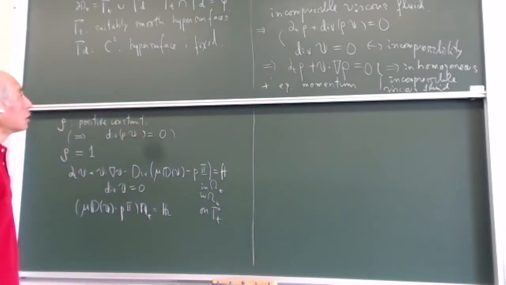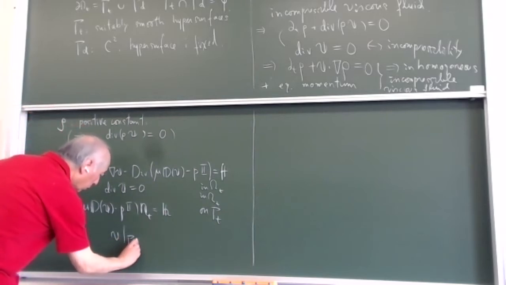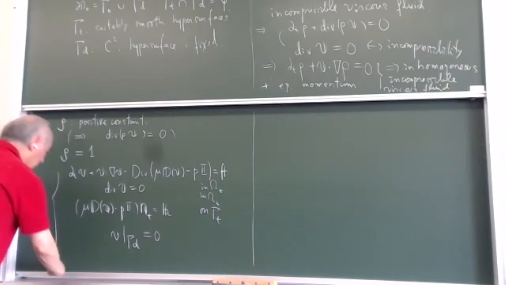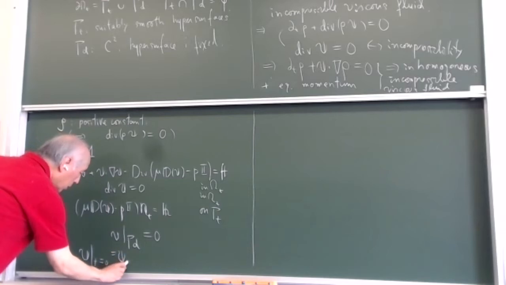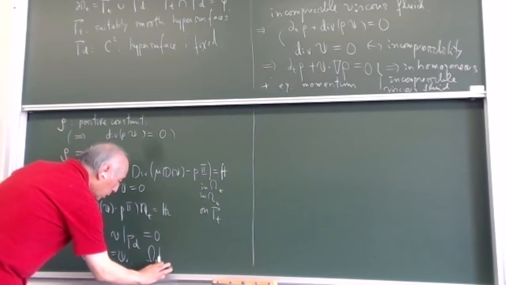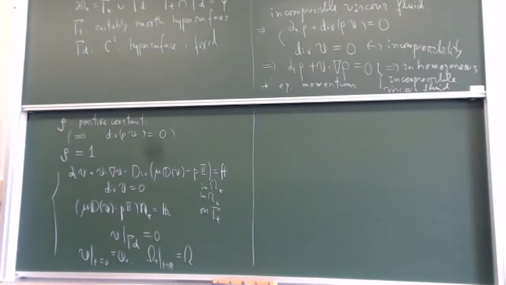And then on the fixed boundary, the non-slip condition on Gamma_D. And initial data at t equals 0 in Omega_0. This is our Navier-Stokes equations in the incompressible case.